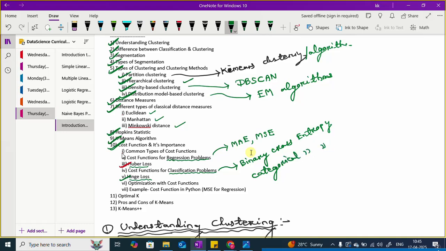Clear? Now hinge loss we have covered. Now let's see optimization with the cost function, and I'll show you some examples. With this we'll cover these two things. So let me go back to my PPT.